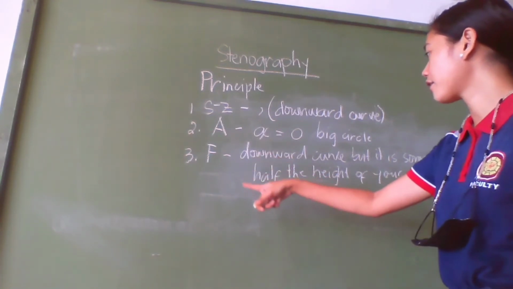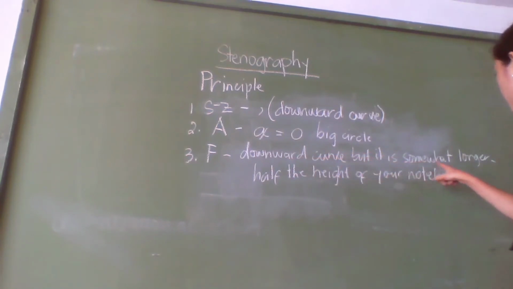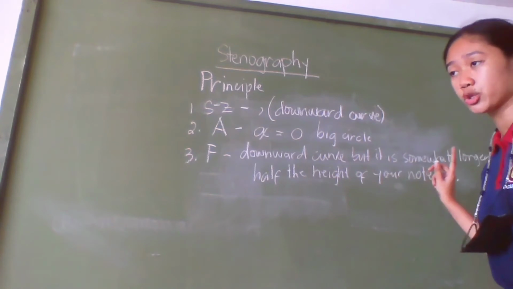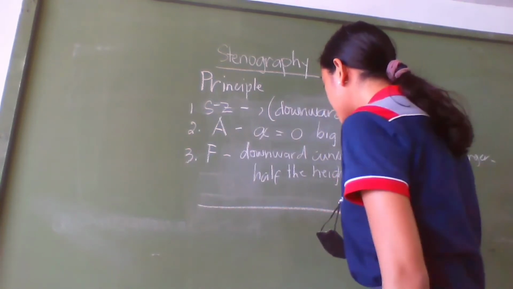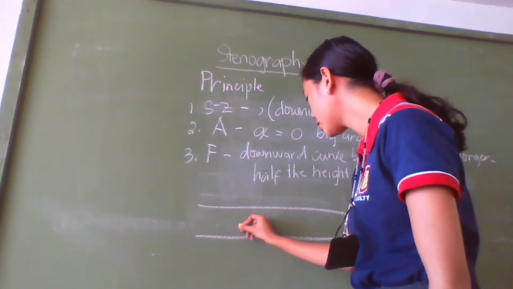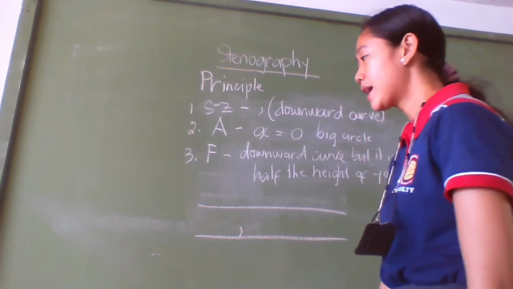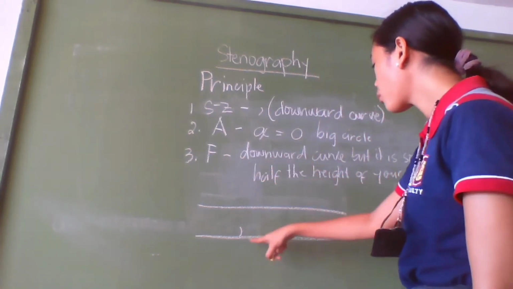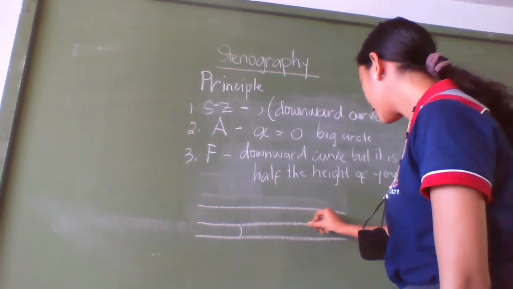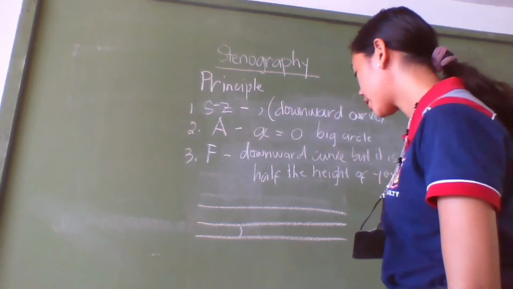So letter F, downward curve, but it is somewhat longer, half the height of your shorthand notebook. So if this is the line, si letter S, downward curve pero maliit. Si letter F naman is somewhat longer daw, half the height of your shorthand notebook.